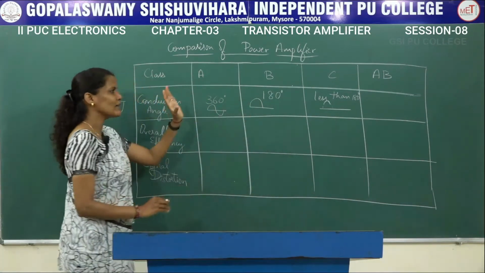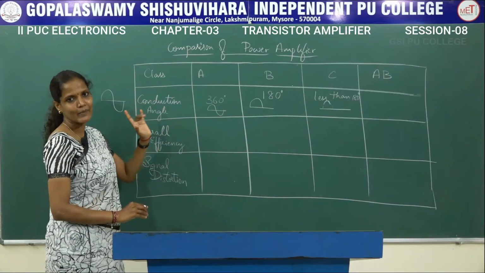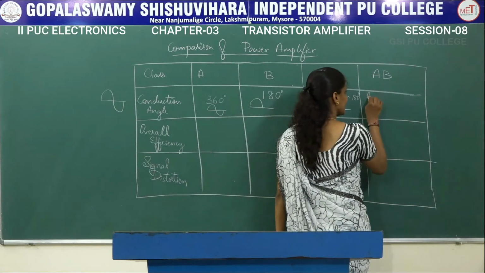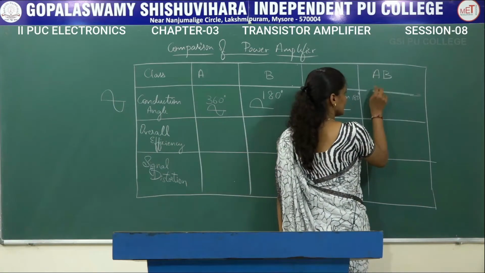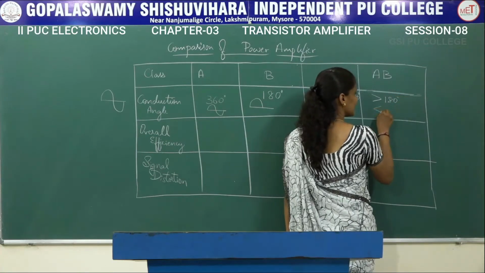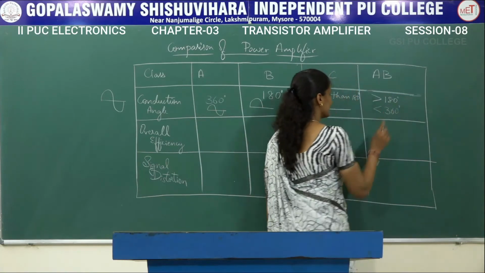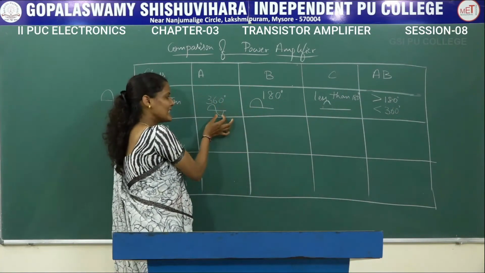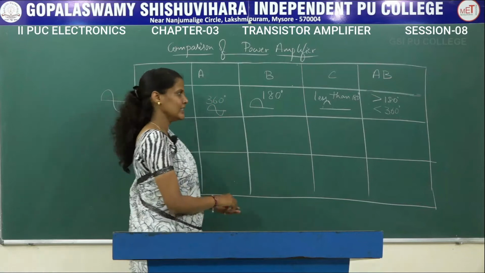So the conduction angle for this class AB type of power amplifier is greater than 180 degree and less than 360 degree. That is, more than half a cycle will be appearing but less than the entire cycle.